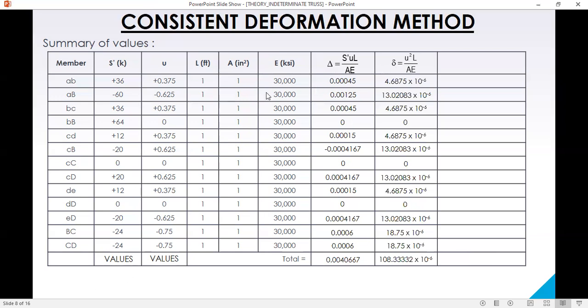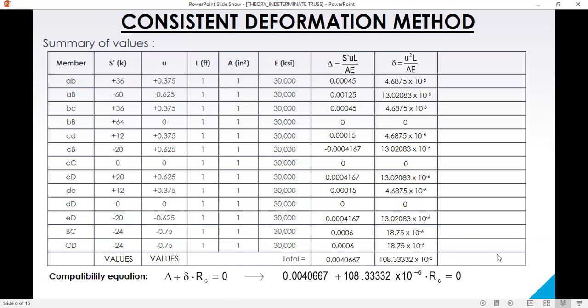So next, to solve for the redundant, let us use the compatibility equation. The compatibility equation in consistent deformation method is this. Delta, deflection due to real loads, plus delta, deflection due to unit load, times the redundant, which is the reaction at support C. So we substitute these values.